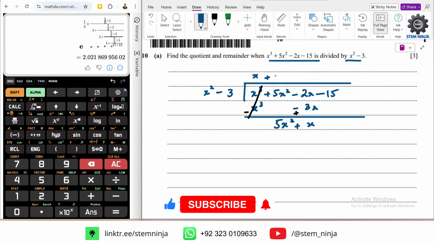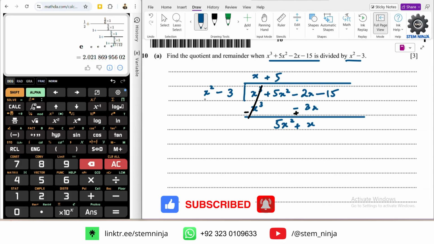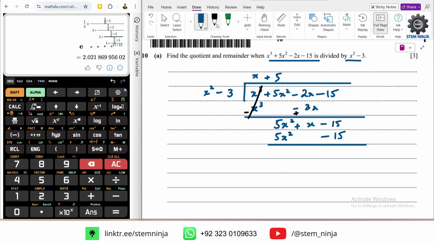So plus 5, so you get 5x squared and minus 15, right, so we also have minus 15 over here. So minus plus, and you get x as the remainder.